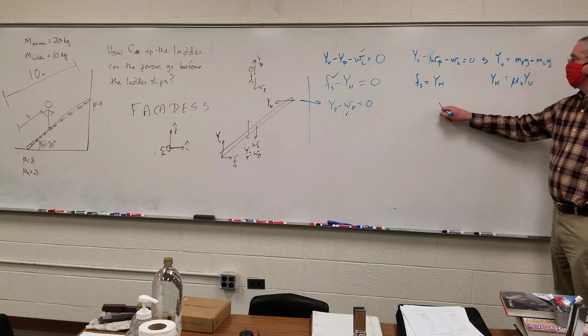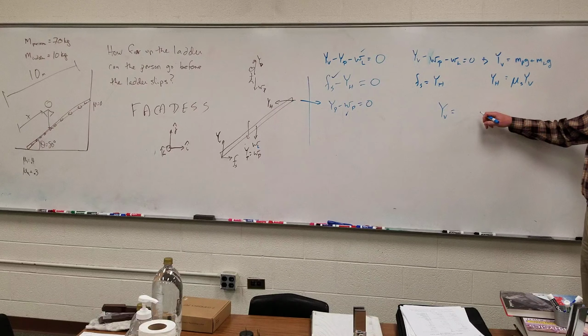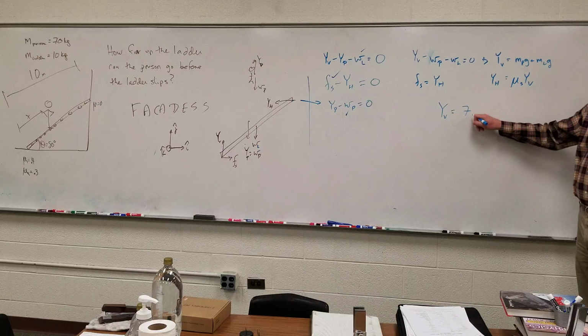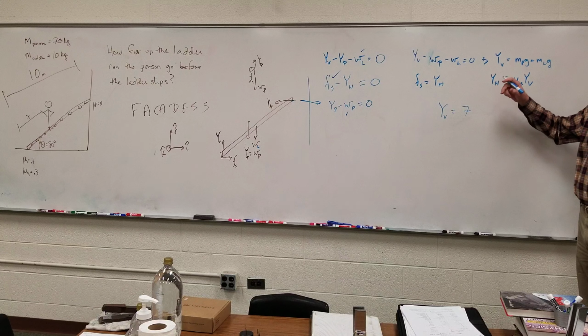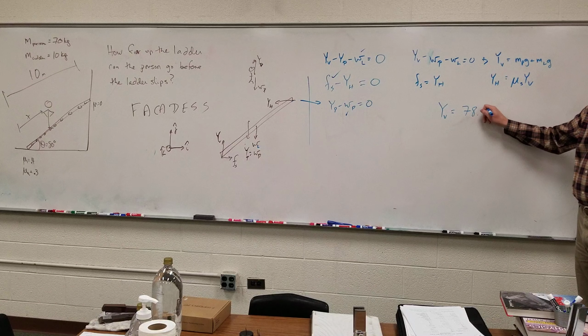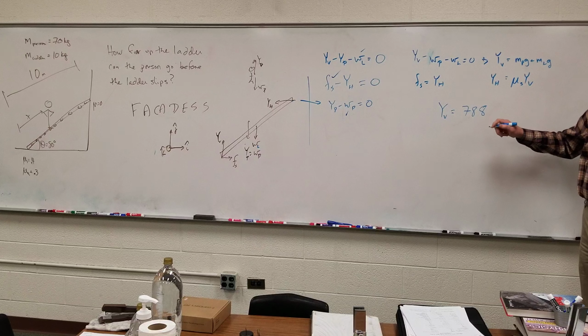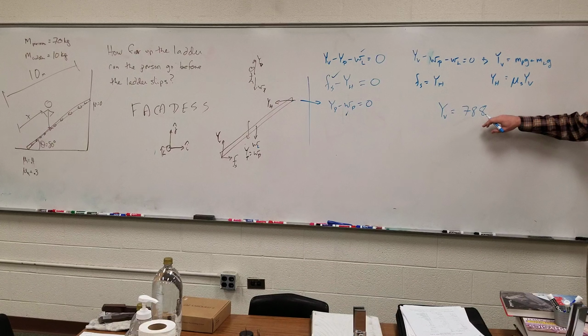Let's plug and chug. So Y sub V will be the mass of the person times gravity, the weight of the person, plus the weight of the ladder.